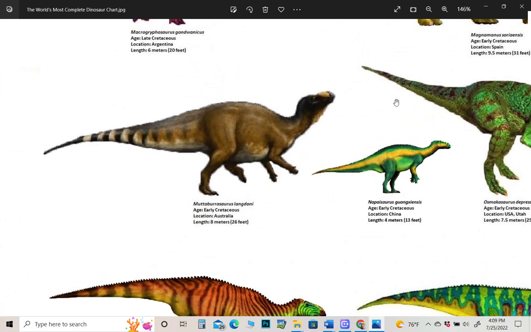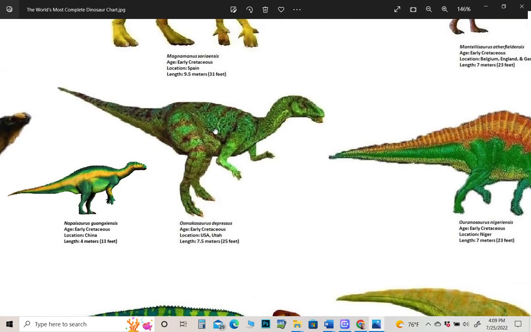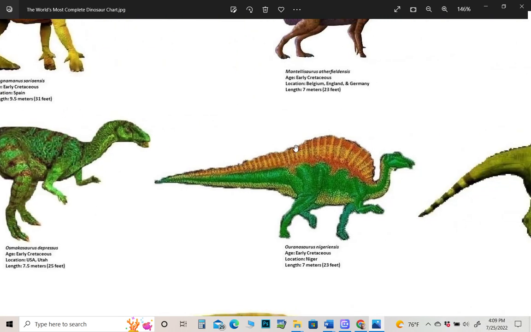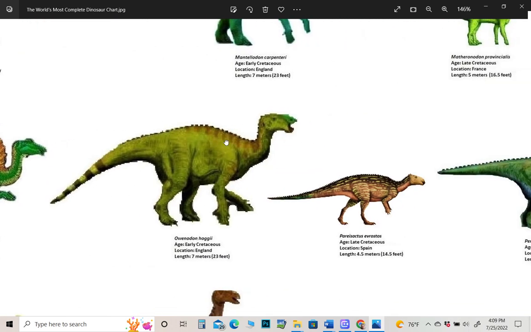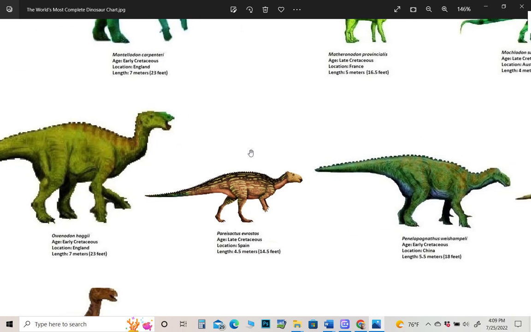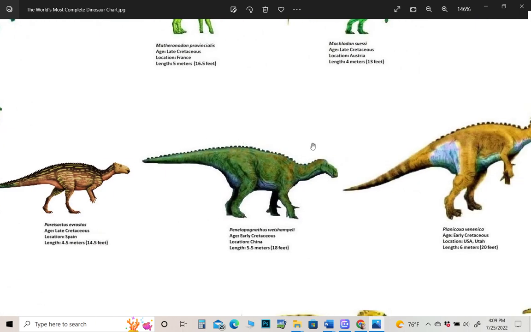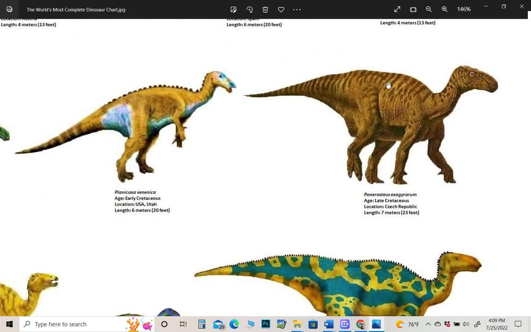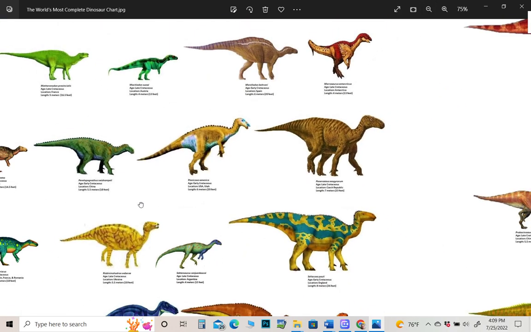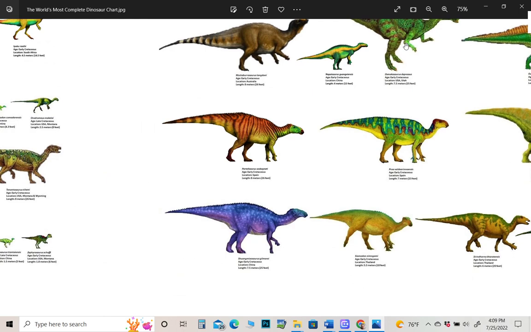Okay, and then Metaburosaurus, Nepiosaurus, Osmacosaurus, Ouranosaurus. Okay, Owenodon, sorry. Perissactus, Penelopognathus, Planocoxa, Ponerostius. And we are going to the next line.